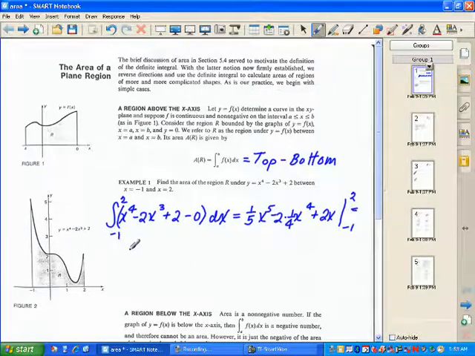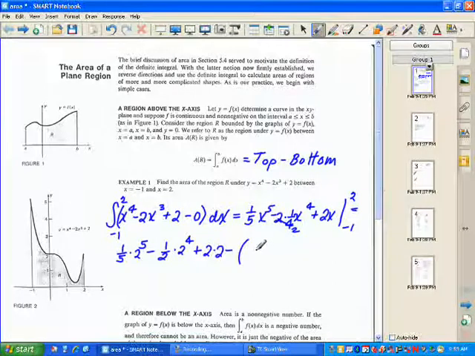There we go. And over here I can reduce. So I'm going to go ahead and plug in now. So I have 1/5 times 2 to the 5th minus 1/2 times 2 to the 4th plus 2 times 2. That's the first half.